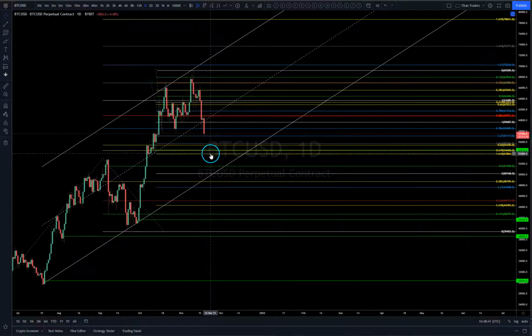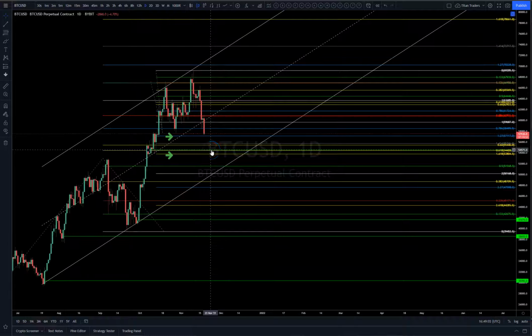So there's a lot of confluence in this particular area. I marked these levels up before in my VIP group, and the private Zooms that I've done with individuals, basically teaching them.